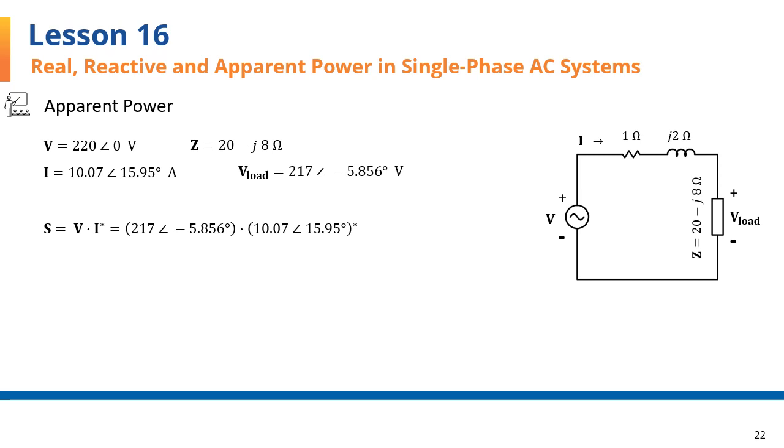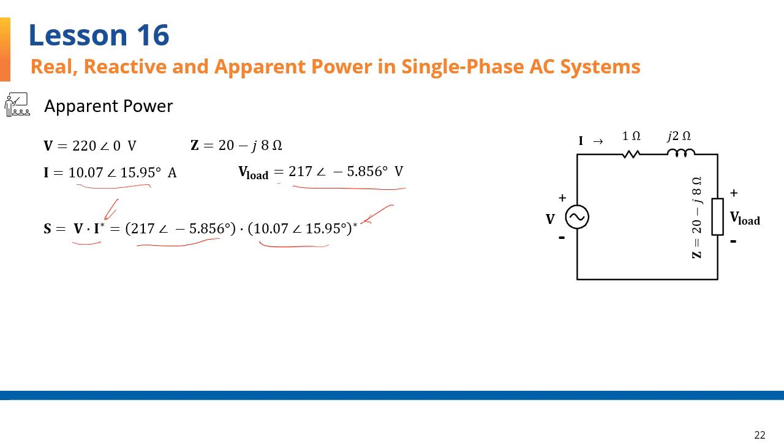Here it is, S equals V times I conjugate. The asterisk indicates conjugate. The voltage phasor for the load is this one, 217 with negative 5.856 degrees, multiplied by the current conjugate. So this is the current, and asterisk indicates that before multiplying, we need to find its conjugate.